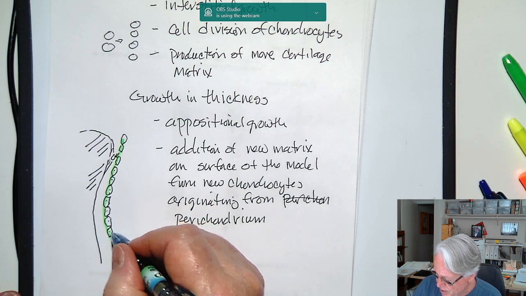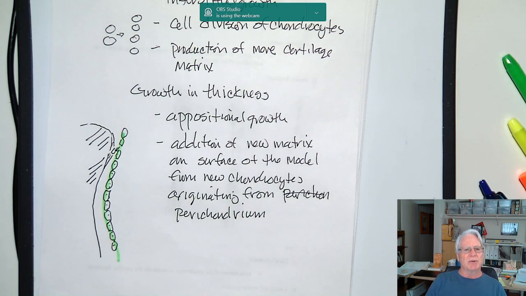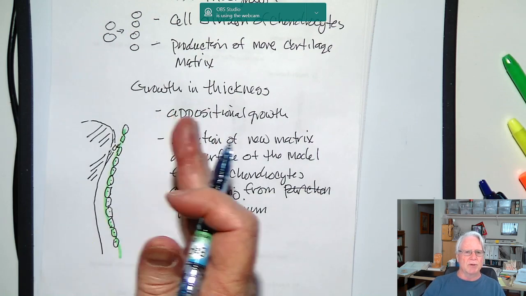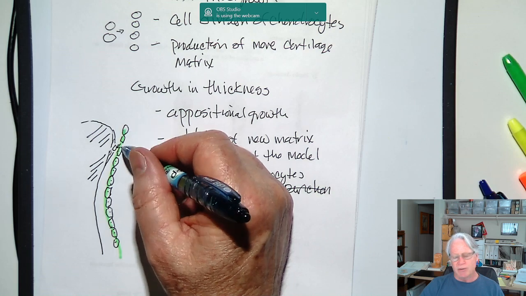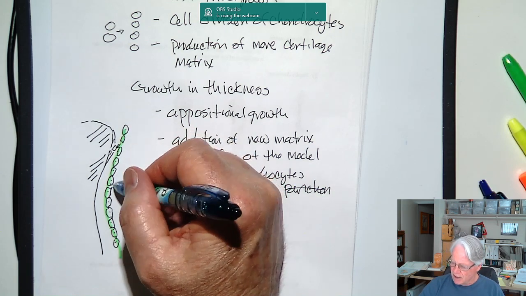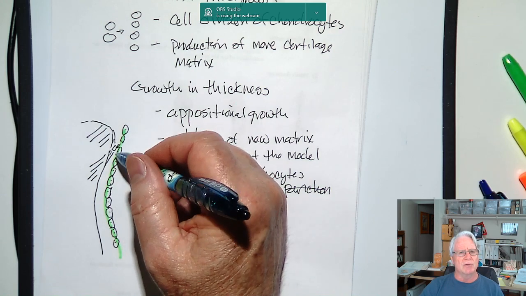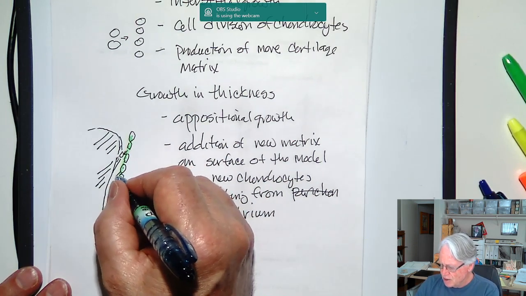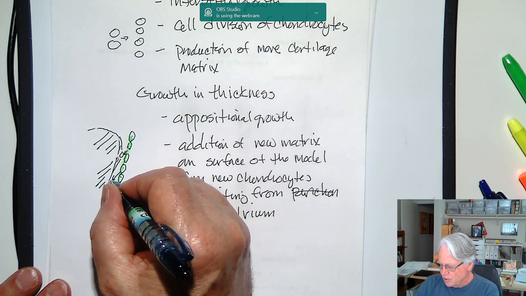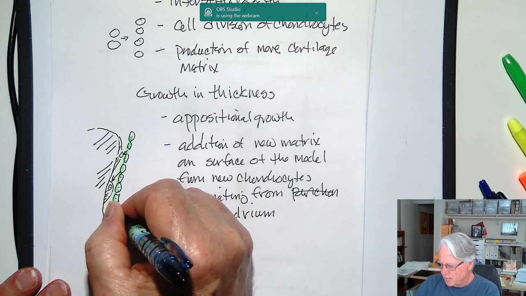It is a living membrane, and it's capable of adding new cells to increase the number of cells that make up that membrane. And so as the model is growing and moving out, this layer is also adapting to that growth by creating new cells and allowing that layer, the membrane, to grow along with the growth of the model itself. And there's a continuous supply of cells that are going to be adding new matrix as that process happens.